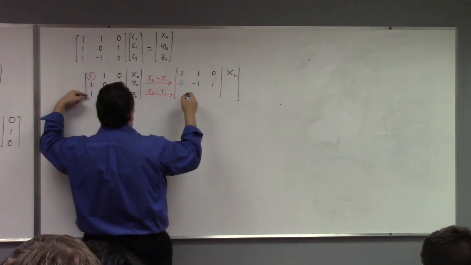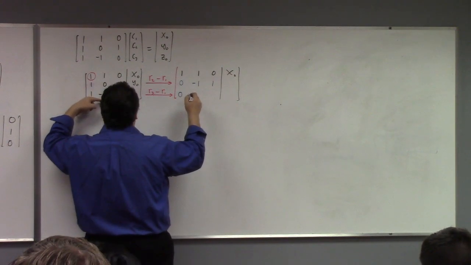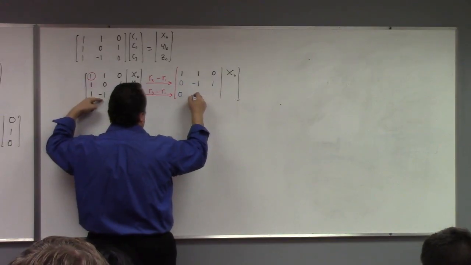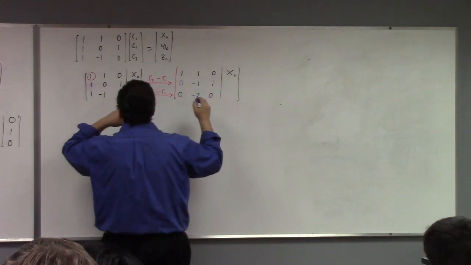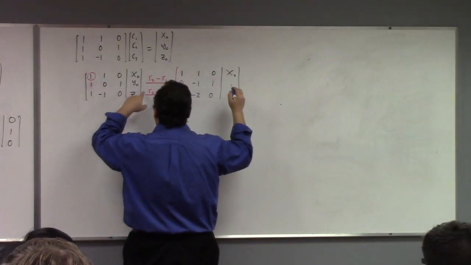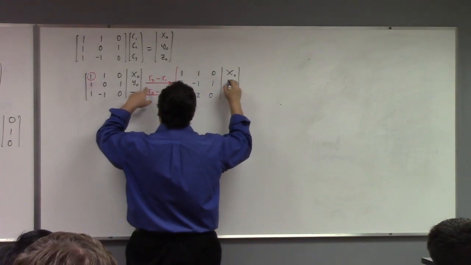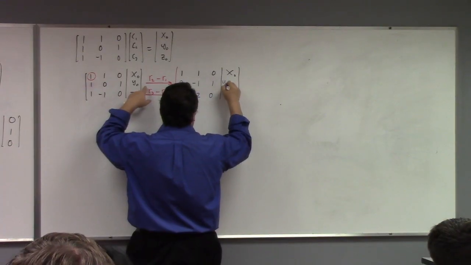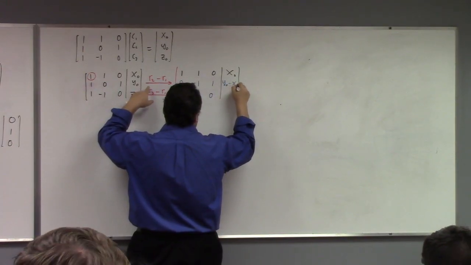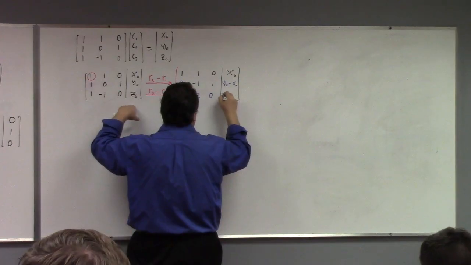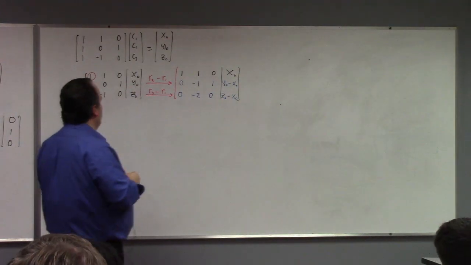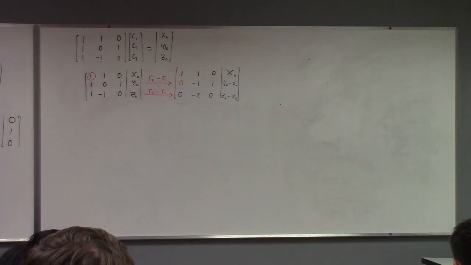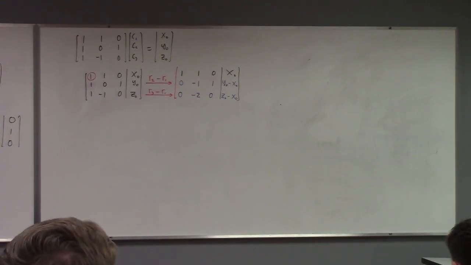Row 3 minus row 1: 1 minus 1 is 0, 0 minus 1 is minus 1... wait, minus 2, and 0 minus 0 is still 0. In the last column, I get y naught minus x naught, and z naught minus x naught. At this point, we're done with pivot position 1, and we can go on to pivot position 2.